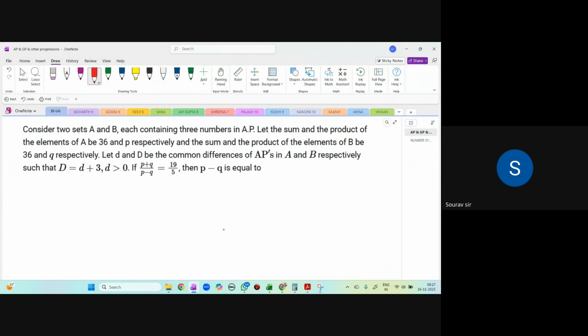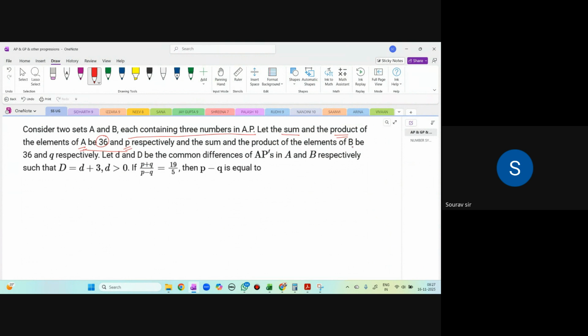Now we go to a slightly different kind of question. Consider two sets A and B, each containing 3 numbers in AP. Let the sum and product of the elements of A be 36 and P. Sum is 36, product is P. This is for the first one.